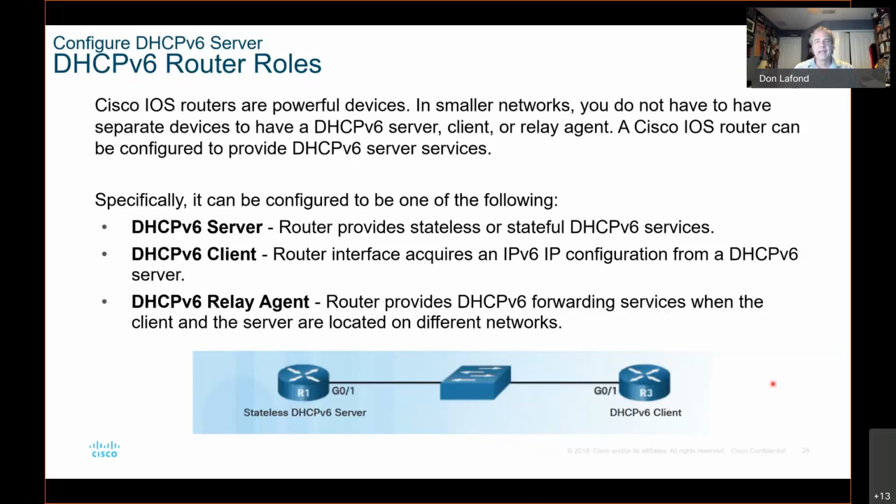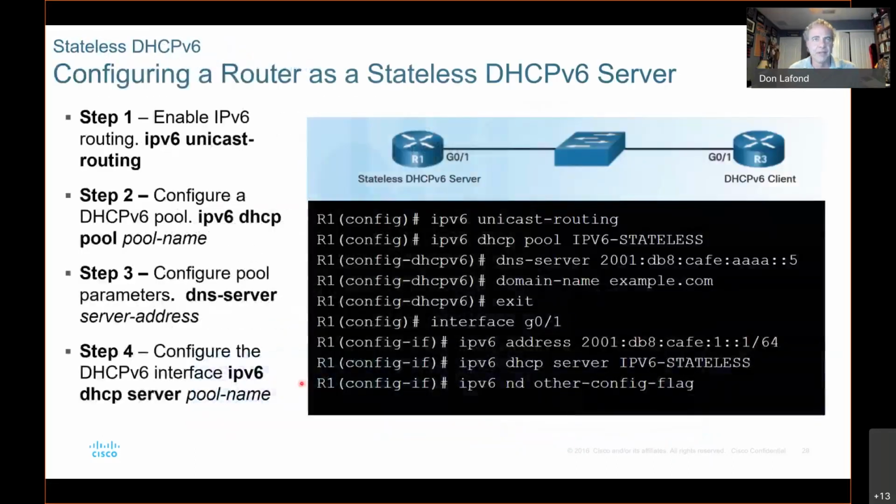We can set the router to get its address by another router. In this case, we would configure this to be the client, and we would put, guess what, IPv6 DHCP instead of giving it an address. The router here is going to be the DHCPv6 server, and again, it can be in any one of the 3 configuration modes that we've already covered to this point.